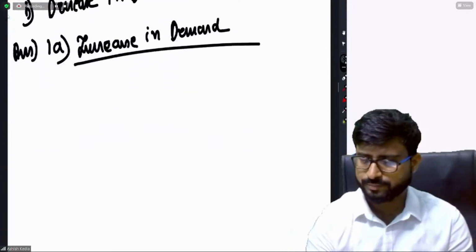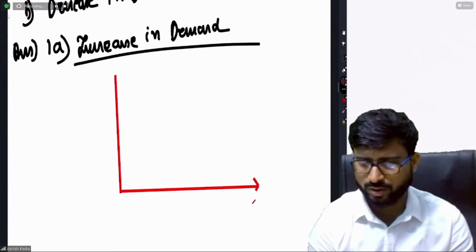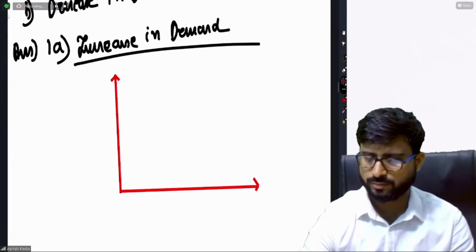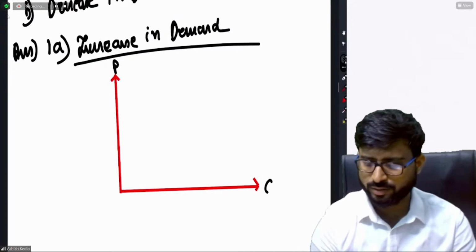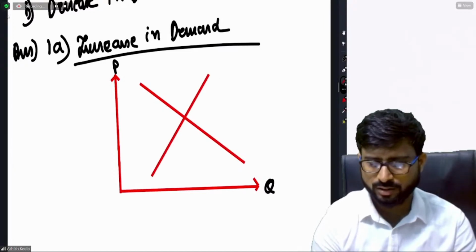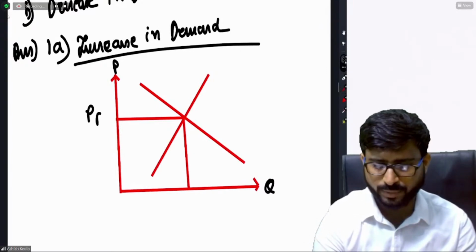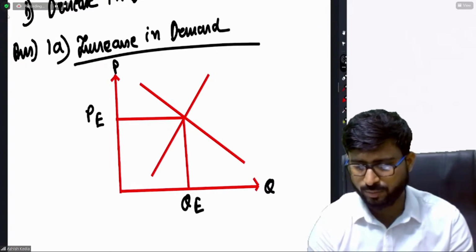So see, first of all, you draw the original diagram. Price, quantity, demand, supply, equilibrium price, equilibrium quantity.